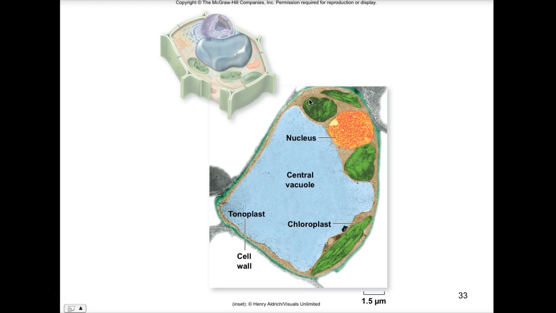The tonoplast has channels that allow water in and out to maintain plant cell tonicity, or osmotic balance. When the plant cell is filled with water, that water being stored in the central vacuole, the plant is exerting turgor pressure onto the rest of the plant cell.